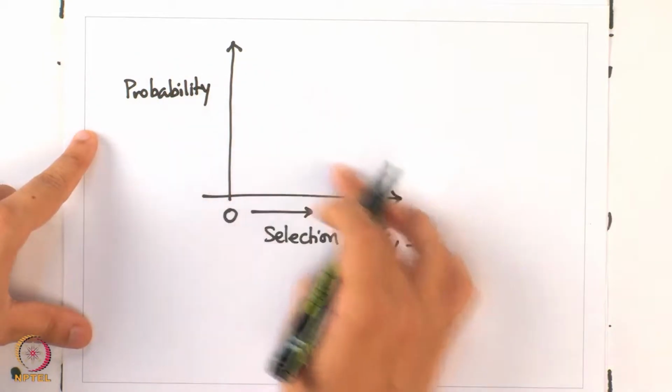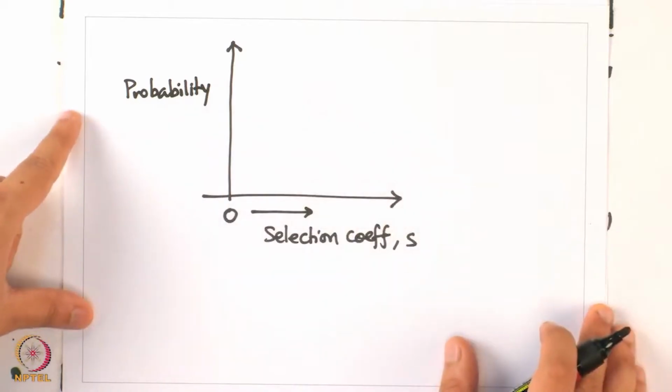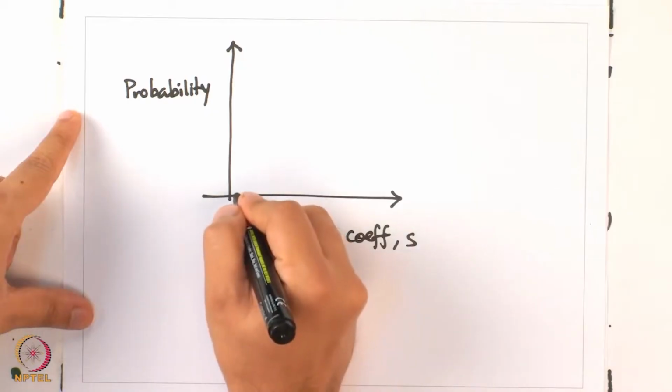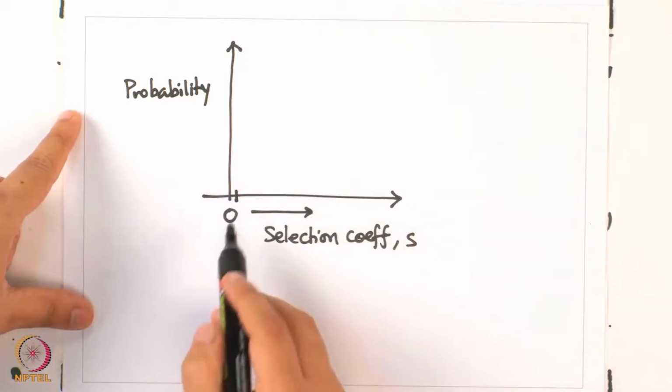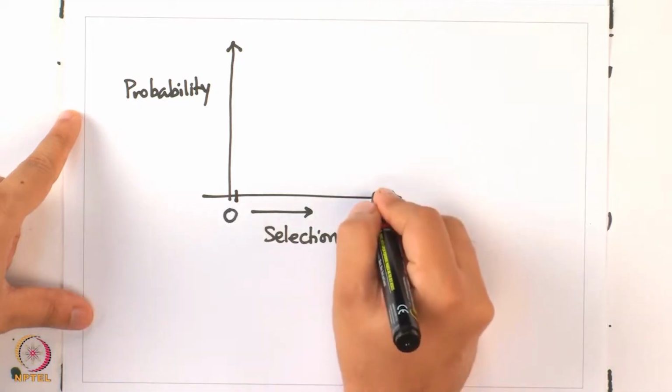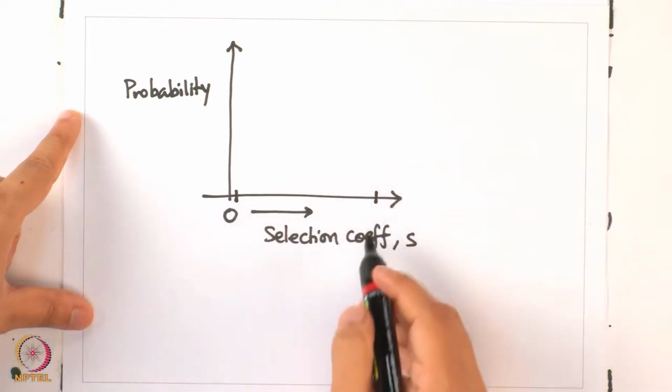And we are interested in the probability distribution associated with this graph: what is the likelihood of me witnessing a mutation of a selection coefficient of this magnitude as compared to me witnessing a beneficial mutation with a selection coefficient of this magnitude.